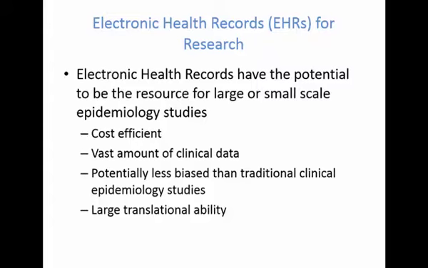We have the potential for less bias than a traditional clinical epi study because you potentially have large populations, large groups of people. And then hopefully, because it's a large amount of data, you have large translational ability, so it won't be subject to a small restriction.